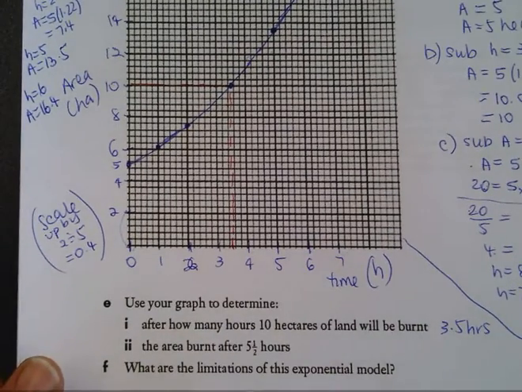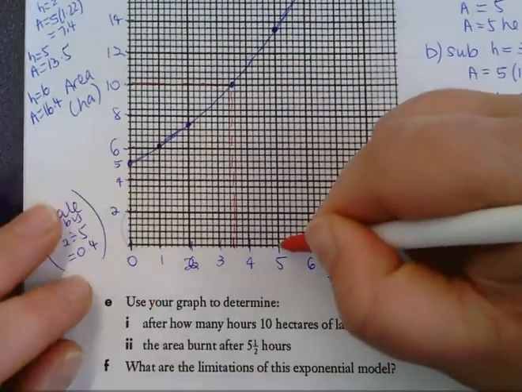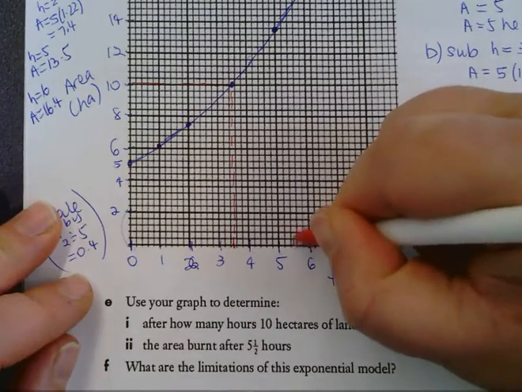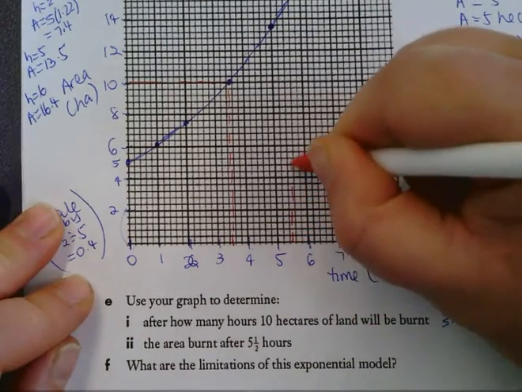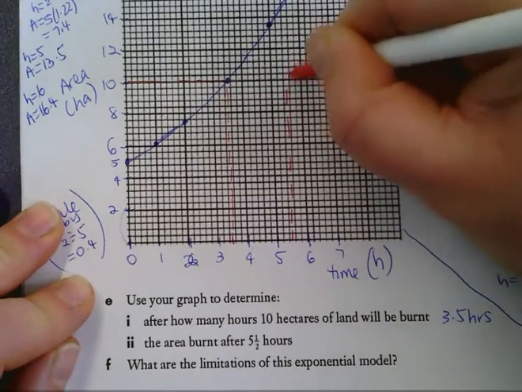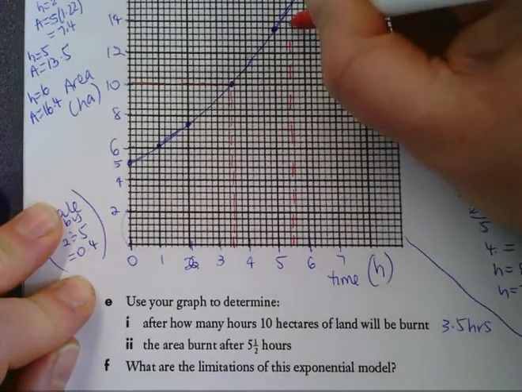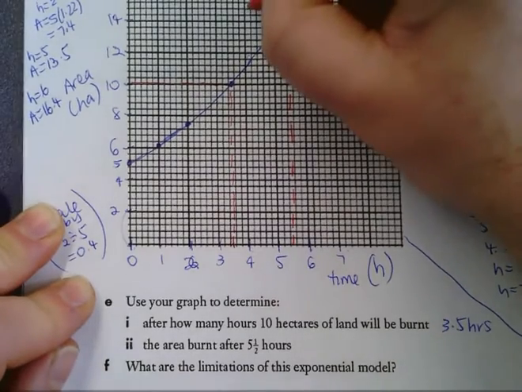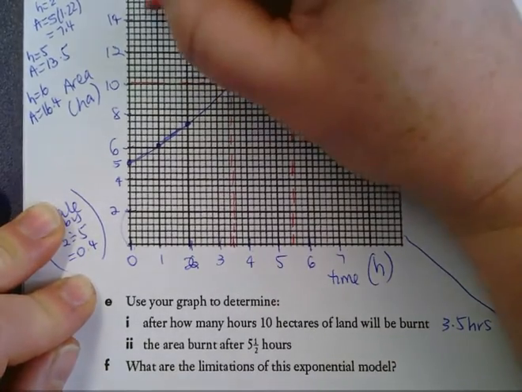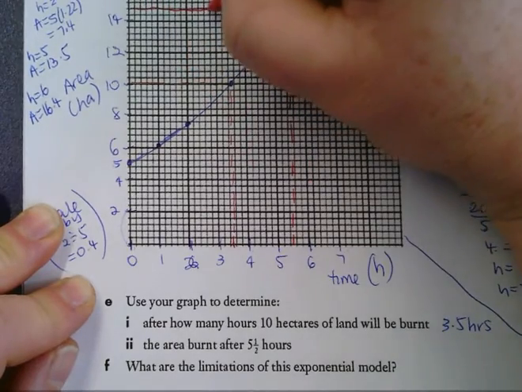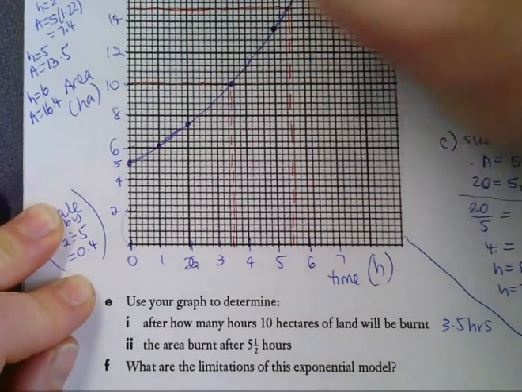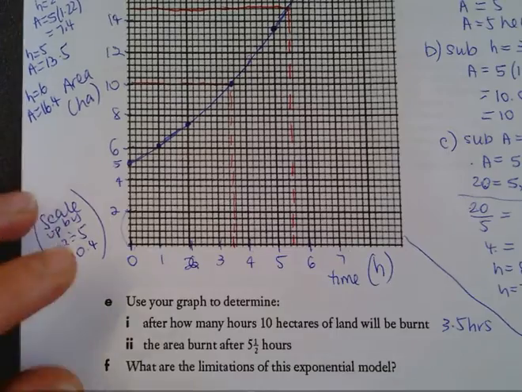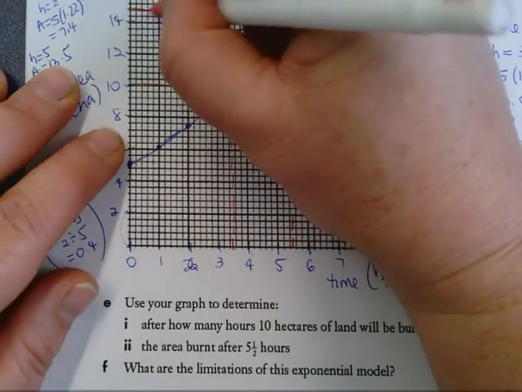What is the area burnt after 5.5 hours? If that's 5 and that's 6, 5.5 is exactly halfway between, which is not on a line, but in between these two lines there. And that looks like it's hitting exactly here. Now, be careful there. Remember, my graph is just approximate.